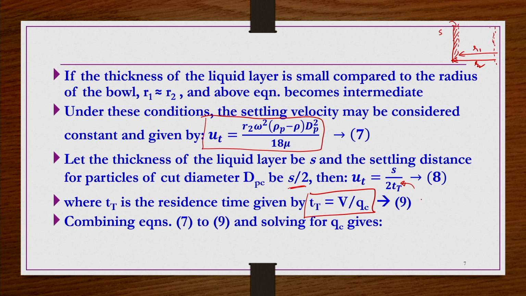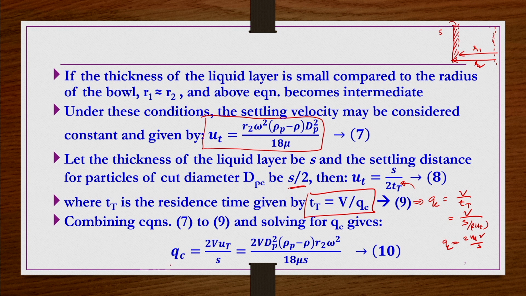So Qc is equal to V by Tt, and from equation number 8, we can write Tt equals S by 2 ut. That means we can write the volumetric flow rate as 2 ut V by S. So Qc is equal to 2 V ut by S.